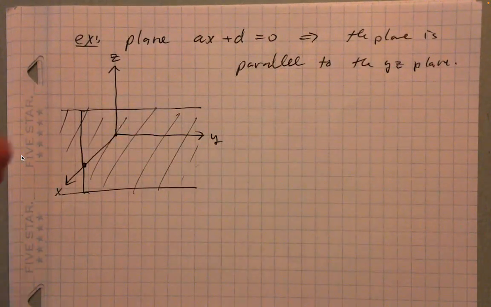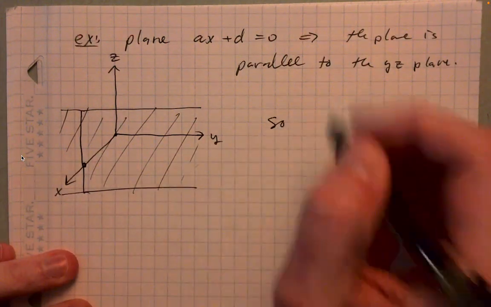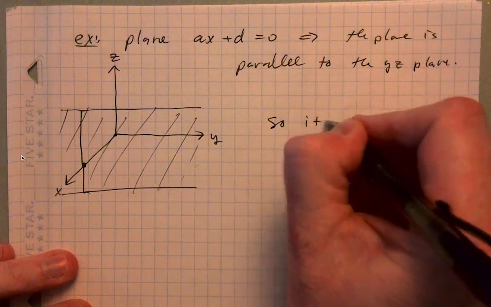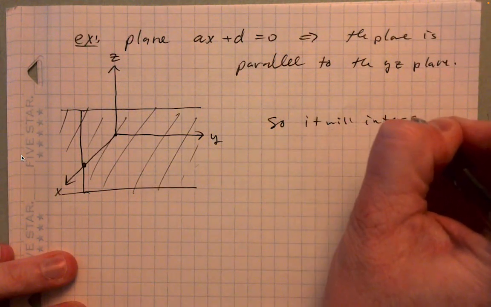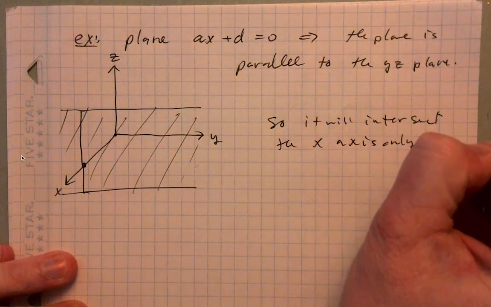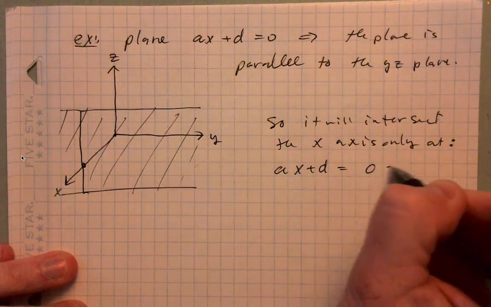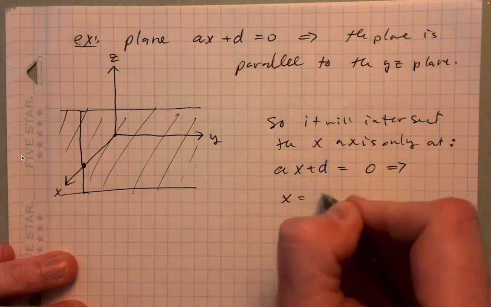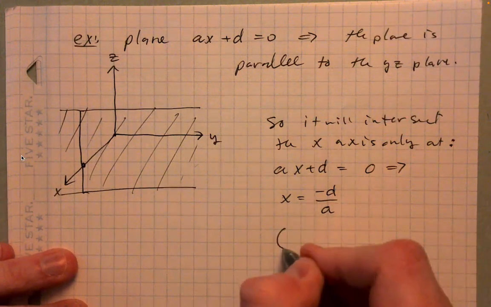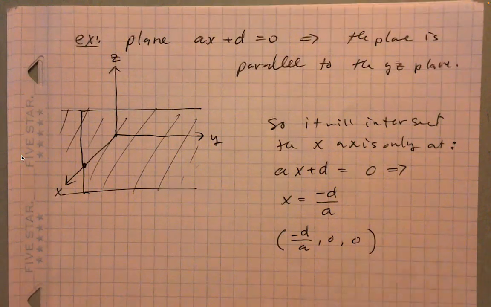It just sits out here on the x-axis, and it never crosses the y-axis, never crosses the z-axis. Okay, so it'll intersect the x-axis only, and specifically at, ax plus d equals 0, which would imply that x is equal to negative d over a. So it'll intersect at negative d over a, comma 0, comma 0.